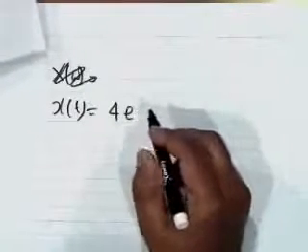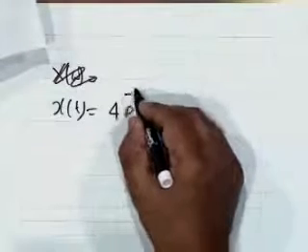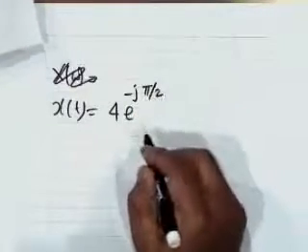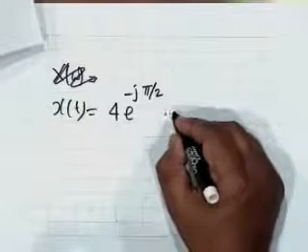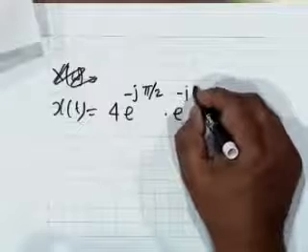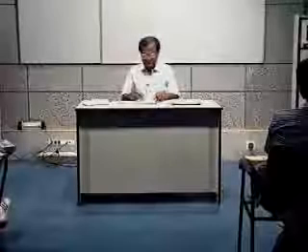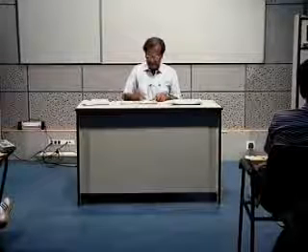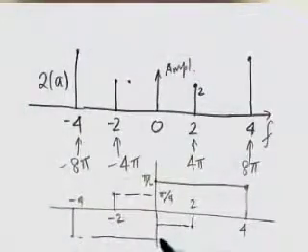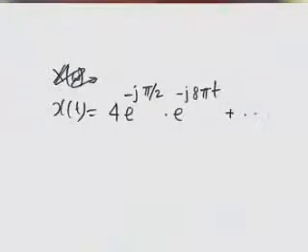The phase is how much? Minus j pi by 2, and then the frequency term. Frequency term is e to the power minus j 8 pi t. This is the term corresponding to this frequency, minus 4, and the corresponding phase is minus pi by 2. All right. And in a similar manner, you write expressions for all others.